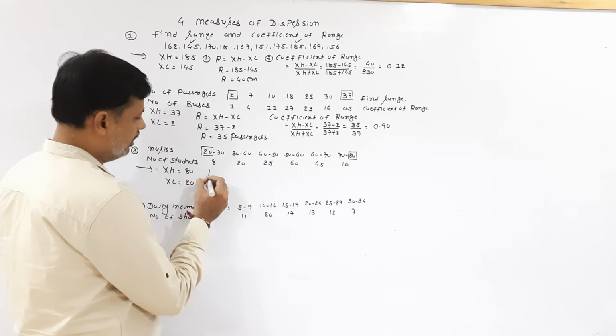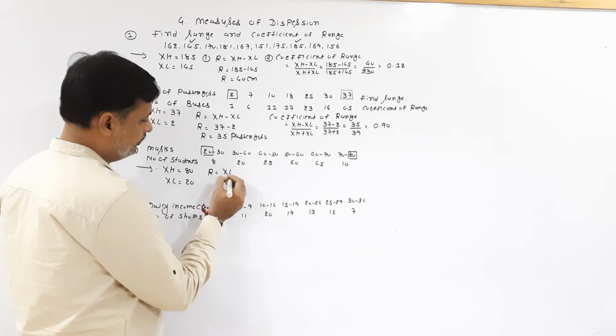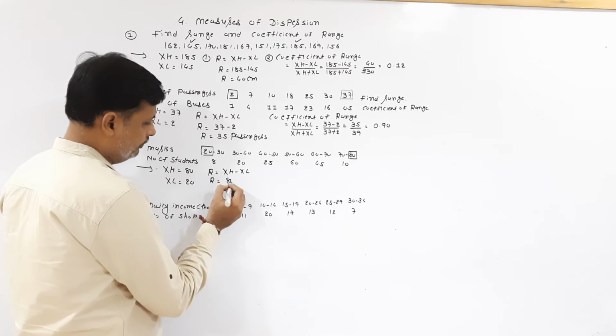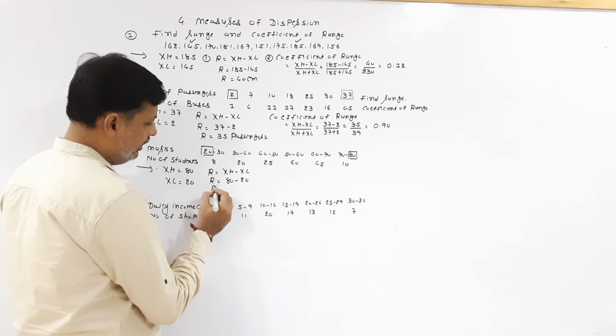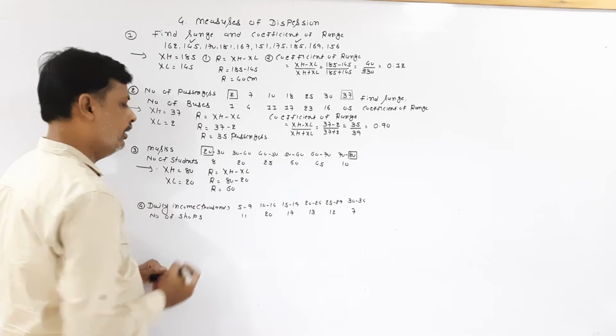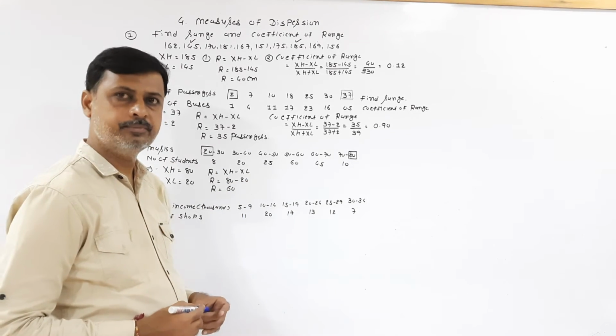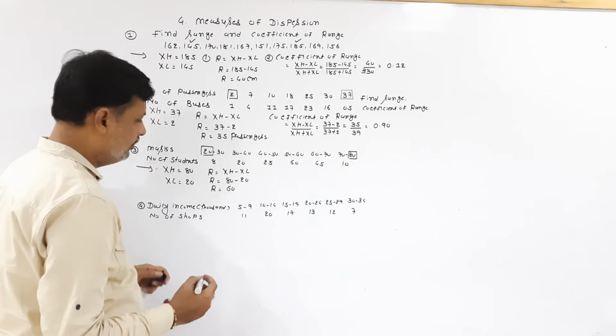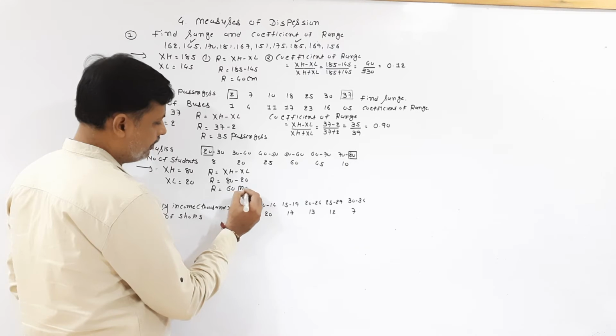Now range R, XH minus XL, 80 minus 20, that is 60, and here marks is given, so 60 marks.